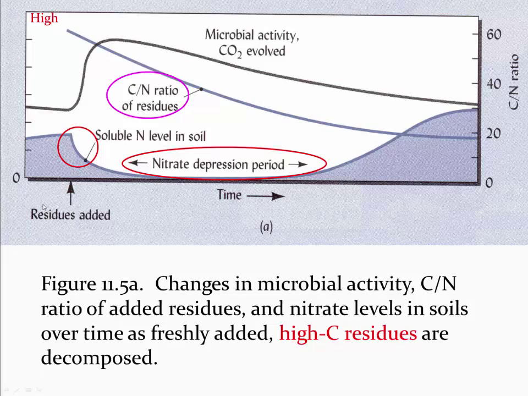So we add the residue, it's high in carbon, low in nitrogen, and then the nitrate in the soil actually may get depressed, or the priming effect takes place and nitrate is used in the decomposition process when the microbial population gets very high.